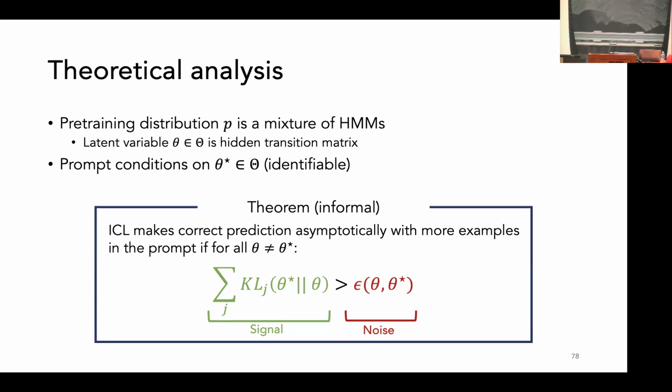The mixture is like you have a family of transition matrices. When you sample a document, you first sample a transition matrix, and that defines an HMM, and then you sample a document from that HMM. I see, so the latent variable, when you say it's a hidden transition matrix, you mean it's one of K? One of K transition matrices. Okay, thanks. That's right.